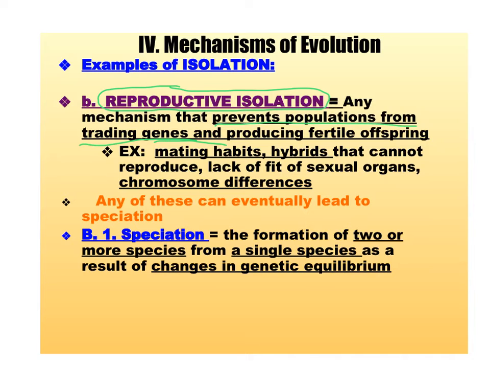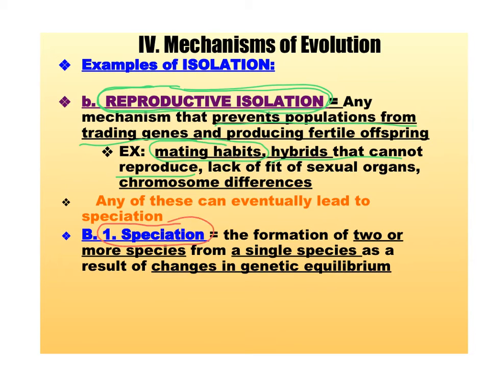Like, for example, maybe mating habits, or hybrids, like mules. They try to reproduce, they cannot, because they're reproductively isolated from each other. They can't reproduce, even though they're right next to each other. They're not physically isolated. They can't reproduce for whatever reason. But don't worry about that. I'm not going to test you on it. This, on the other hand, I will.